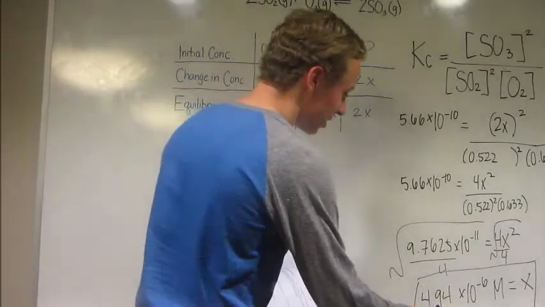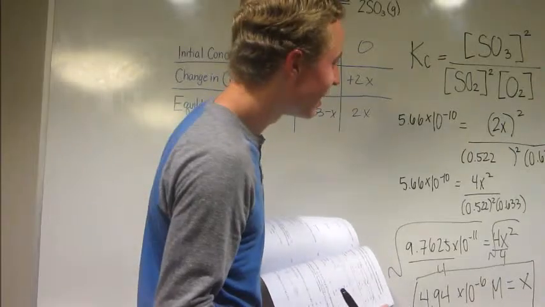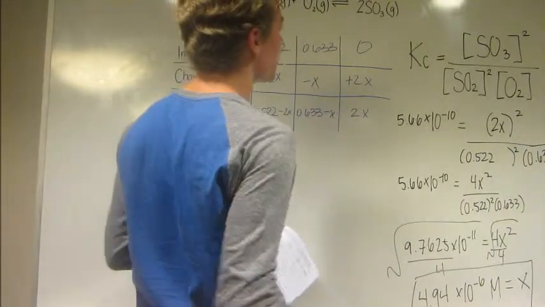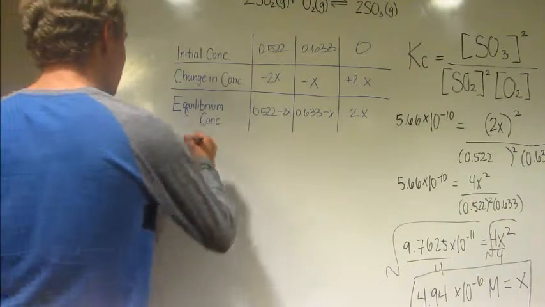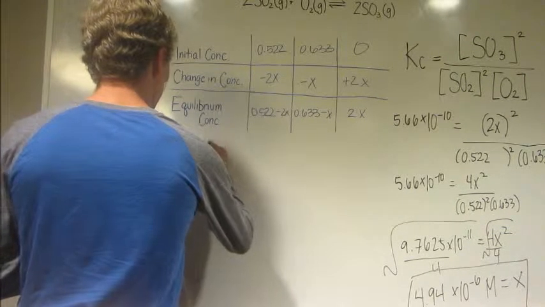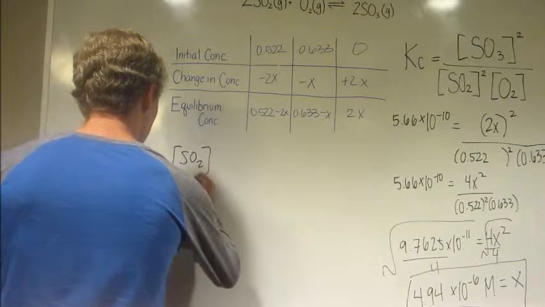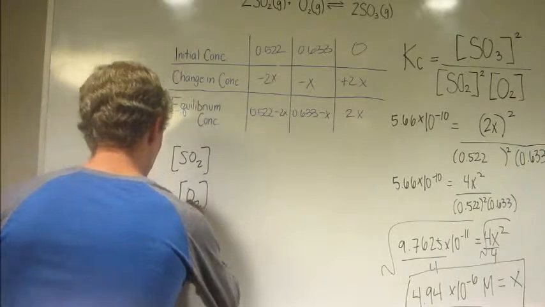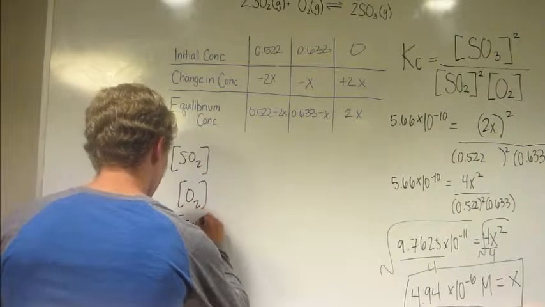So we found x, so we're done with the problem, right? Well, no, it actually asks for the equilibrium concentrations of the products and reactants. So let's find those now. Here are the concentrations of SO2, O2, and the product SO3.